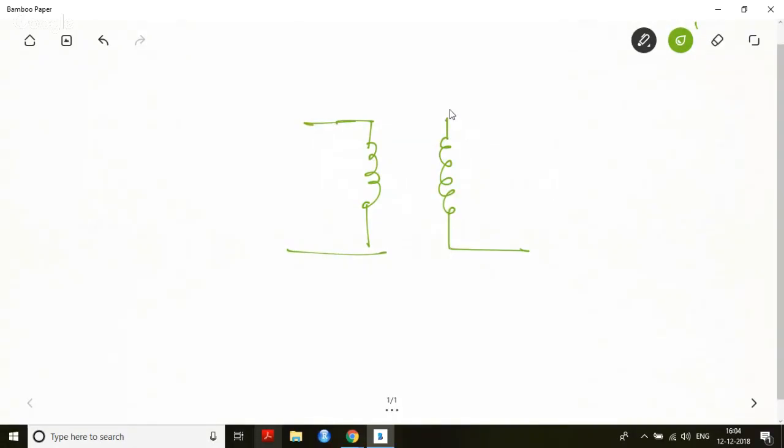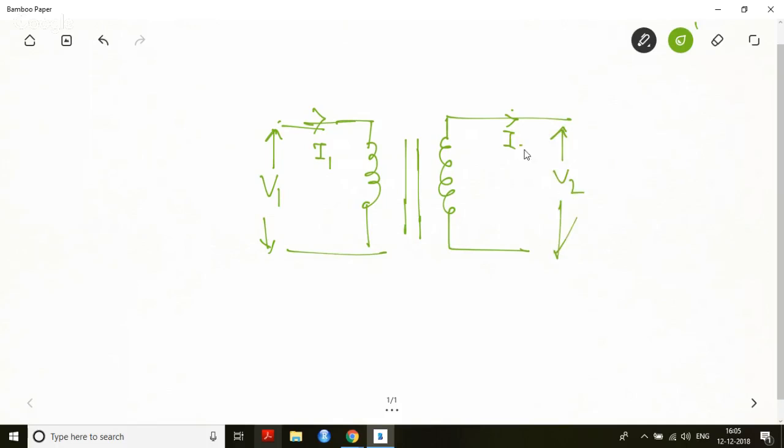The primary side is taking voltage V1, and suppose the current here is I1. The secondary side has voltage V2 and current I2.